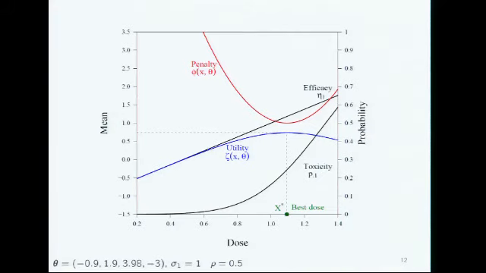Here is our line, the dependence upon efficacy. I think it's the black one on the screen. And then toxicity. To describe this dependence, look only at these 2 curves.